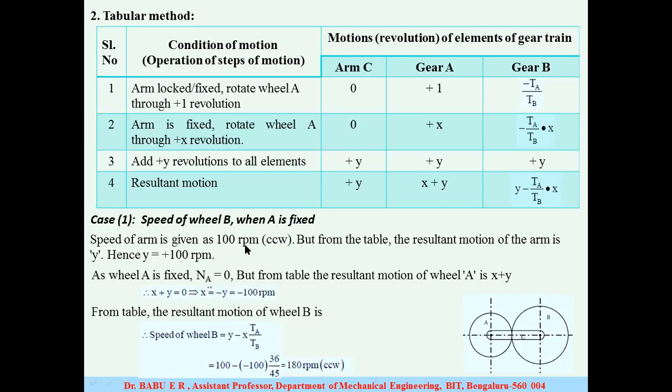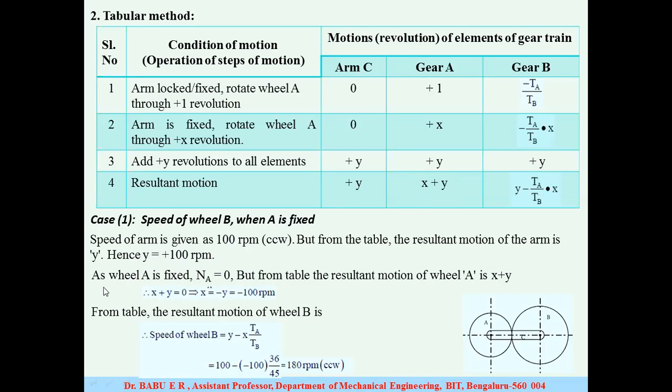So therefore, y must be equal to 100 rpm. You always have to do this comparison between the given data and the table to find the values of x and y. Here x and y are constants. So y becomes 100 rpm.